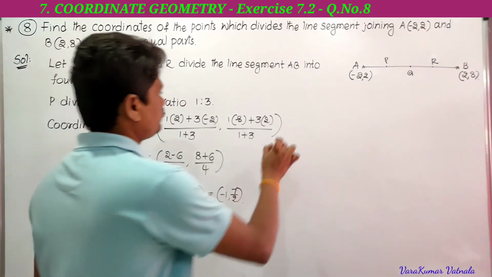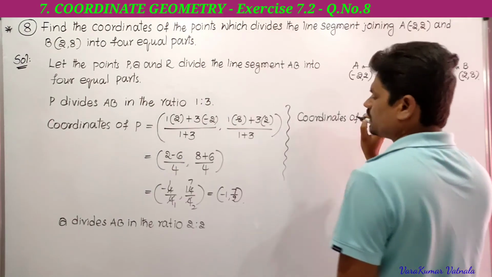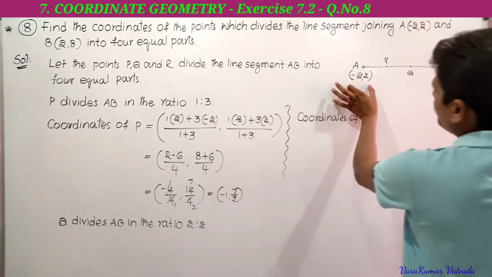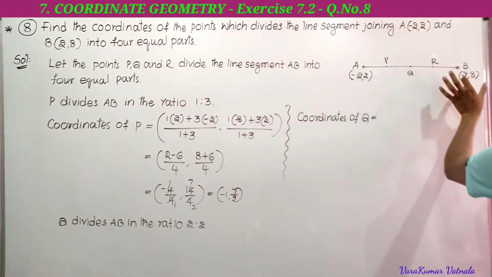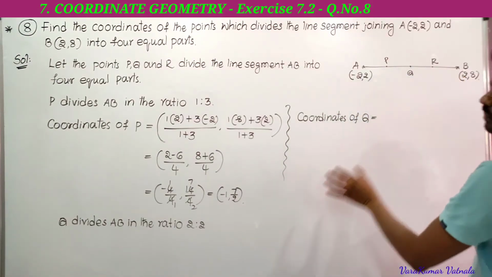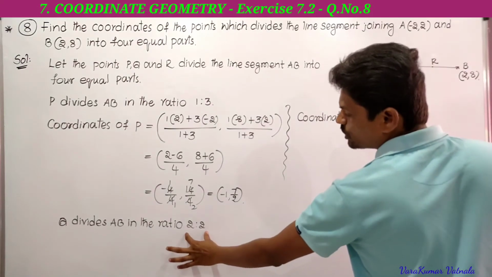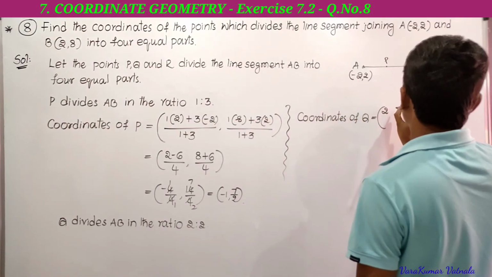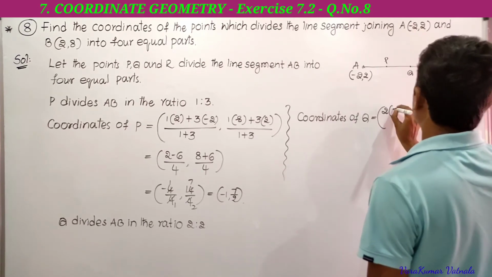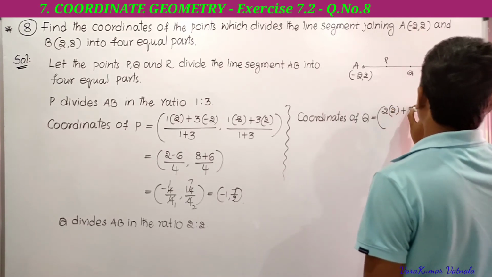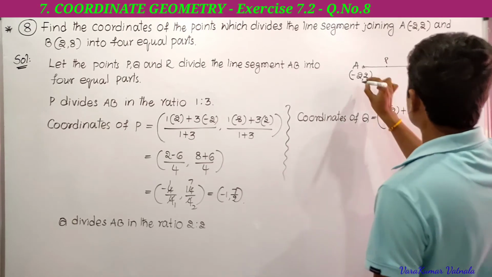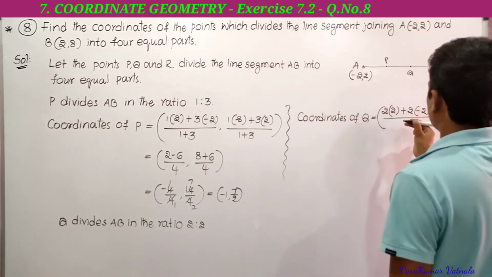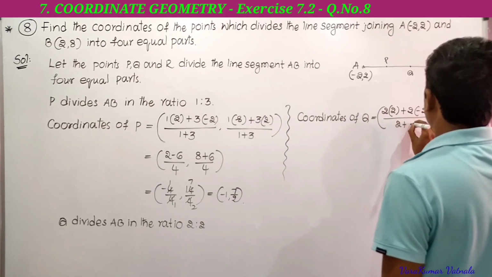See here, coordinates of Q is equal to. Here x1, y1 is minus 2 comma 2, x2, y2 is 2 comma 8. But here m1 to m2 is 2:2. So m1 x2, m1 is 2, x2 is also 2, 2 into 2 plus m2, m2 is 2, x1 is minus 2, by m1 plus m2, m1 plus m2 is 2 plus 2 here.